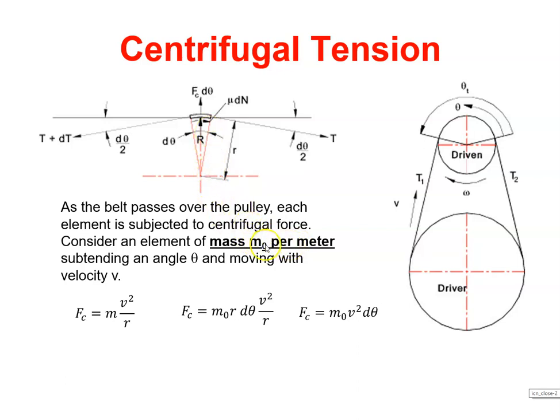So if I want to get the mass in kilograms, I have to know the distance. We can get that distance by multiplying the angle d theta by the radius r. So m0 r times d theta will be the mass. This is the kilograms per meter multiplied by the distance in meters, times v squared over r. And the r's will cancel out, so the centrifugal force is m0 v squared times d theta.